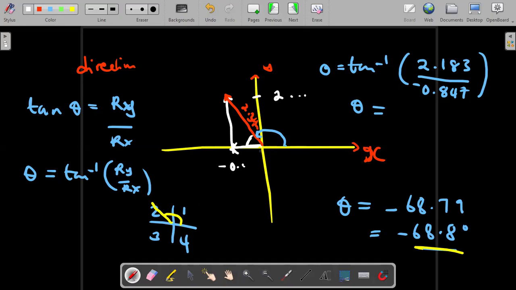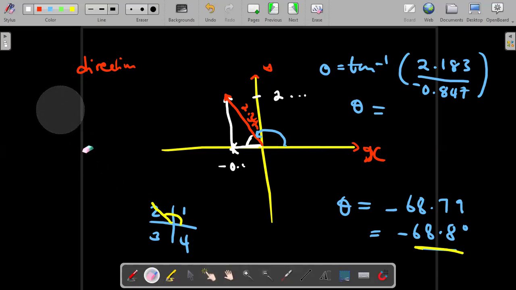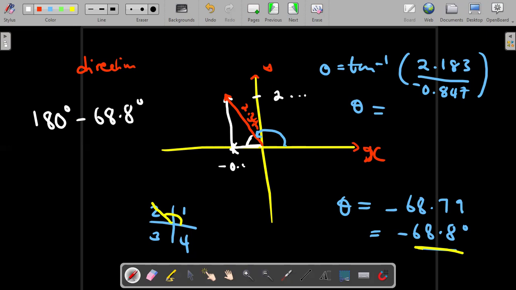So to find the other angle, we know that this here almost makes a semicircle, and the semicircle adds up to 180 degrees. So we say that will be 180 degrees minus or plus that angle which we found, which is negative 68.80.